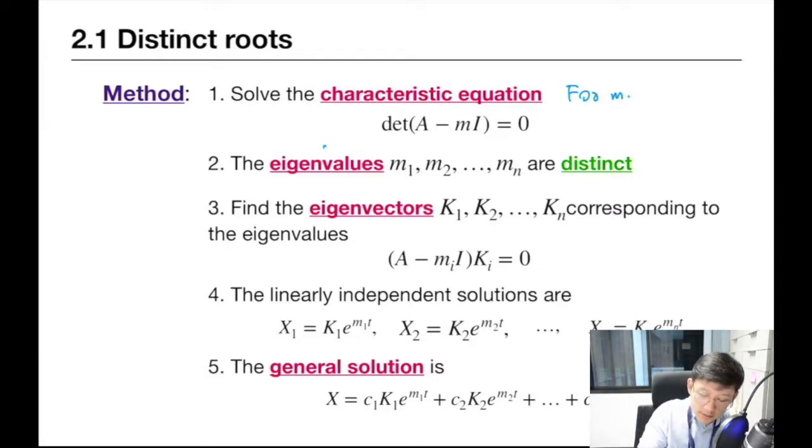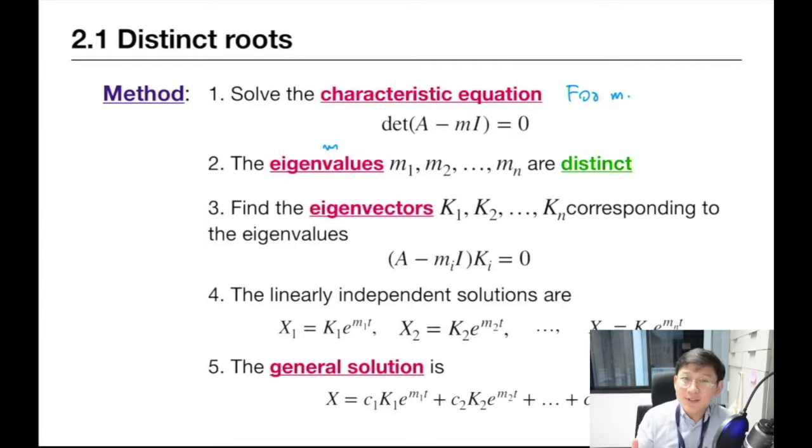Those are the m's, m1, m2, m3, m4 until mn. Those are eigenvalues. And in this case, they need to be distinct, which means that they are all different. Okay, all the m's are different. This is the first case.